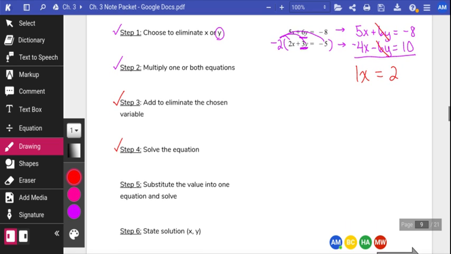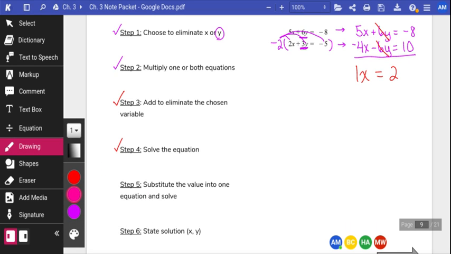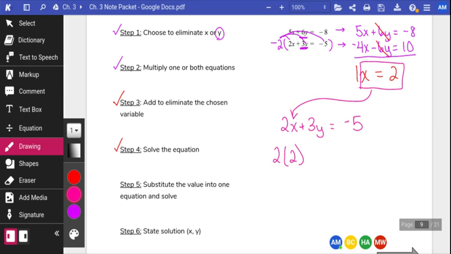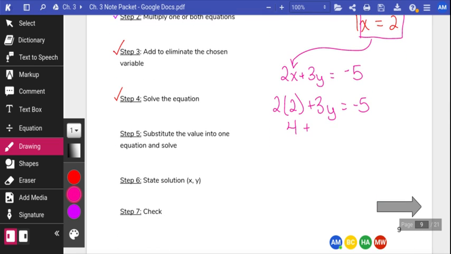Now I need to substitute the value into one of the equations and solve for the other variable. So I'm going to pick my second equation because it looks easier to me. 2x plus 3y equals negative 5. And I'm going to take this value for x and substitute it in. 2 times 2 plus 3y equals negative 5. 4 plus 3y is equal to negative 5.